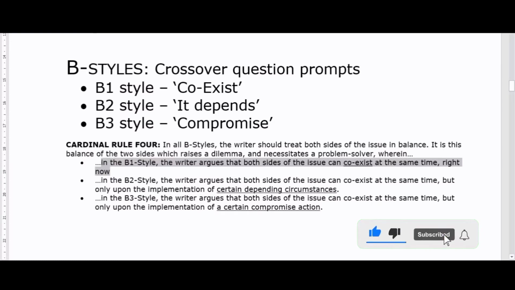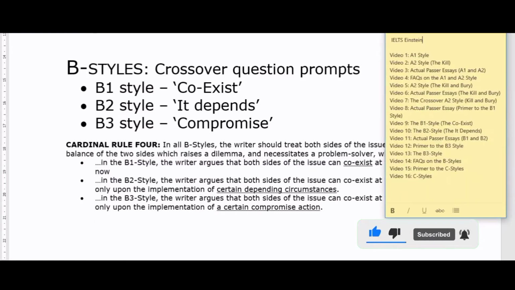Okay, so if you can see this notepad that I created, you will see the B1 style over in video 9, and then the B2 style in video 10, and then the B3 style in video 13. Of course, we are already in video 16, which is talking about the C styles. If you're looking for the A styles, then that's in video 1.